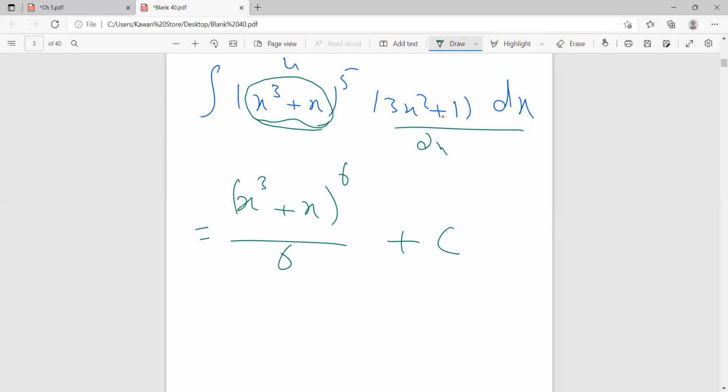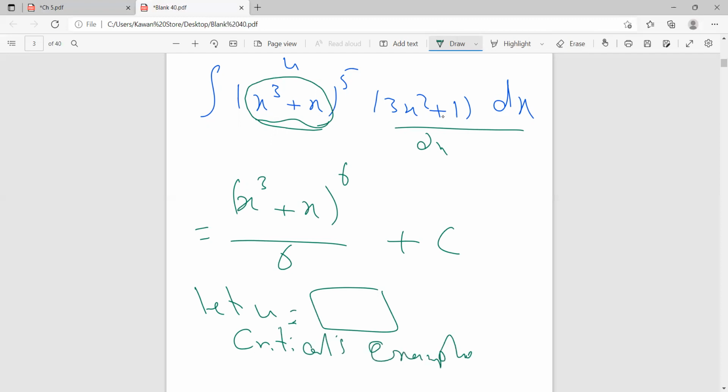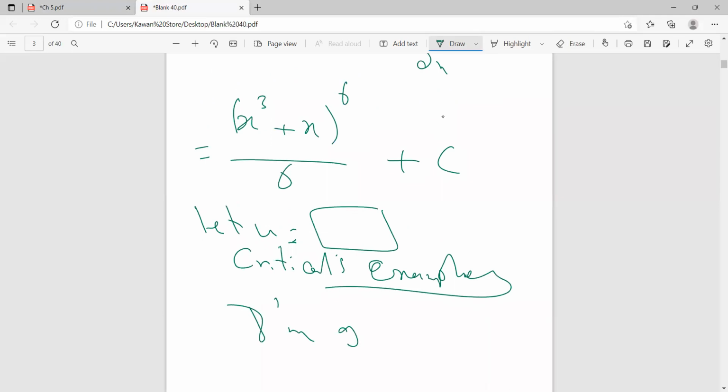I'm going to use that method in critical examples, when I say let u be something, examples that I'm going to show you later.